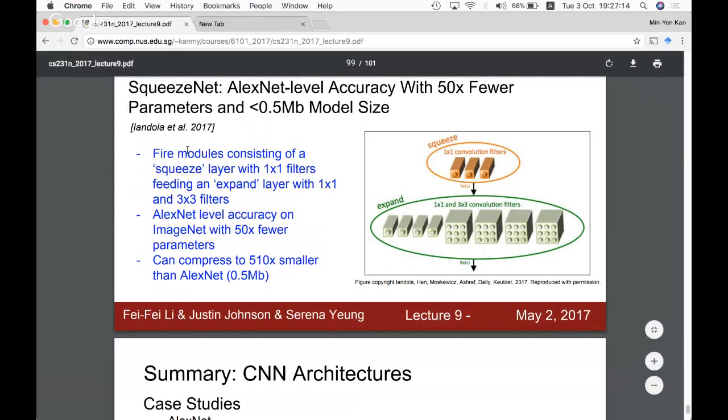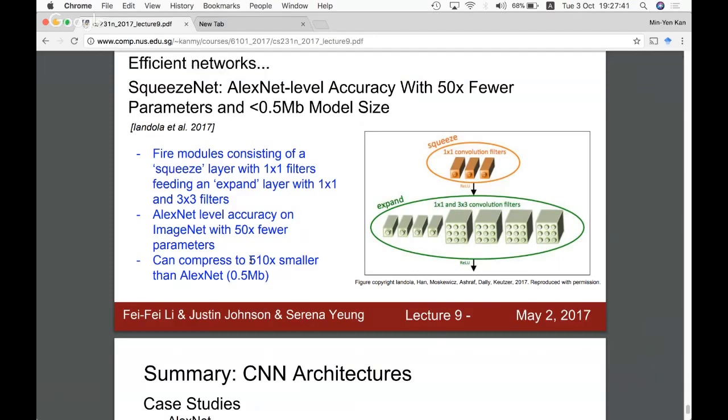They have these FIRE modules, which consist of squeeze layers, which are like 1x1 filters, followed by an expand layer, which is like 1x1 and 3x3 convolution filters. Using these modules, they're getting AlexNet level accuracy with 50 times fewer parameters, and they can compress the model to 510 times smaller than AlexNet, which is less than 0.5 MB. So it's really small models.